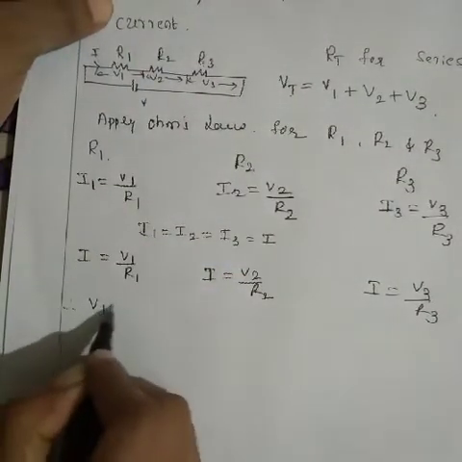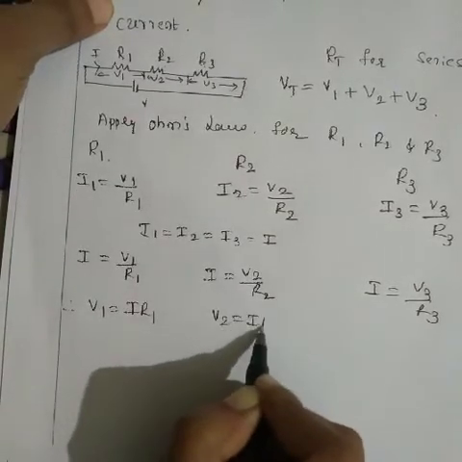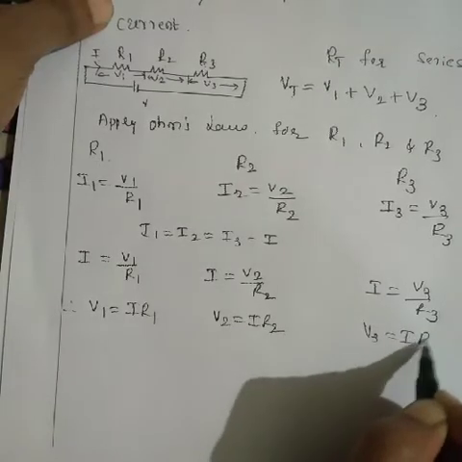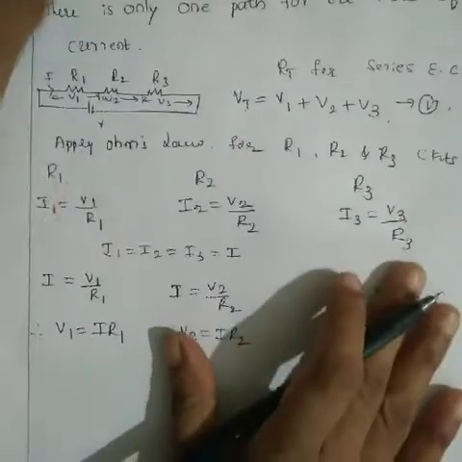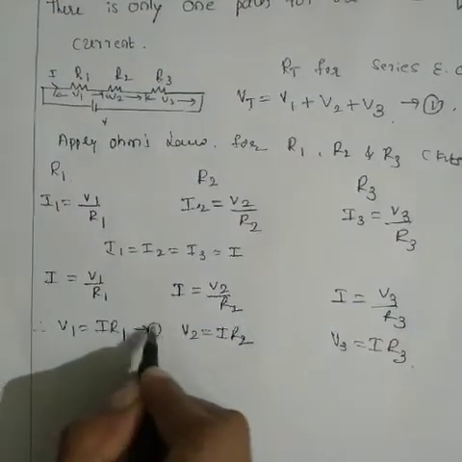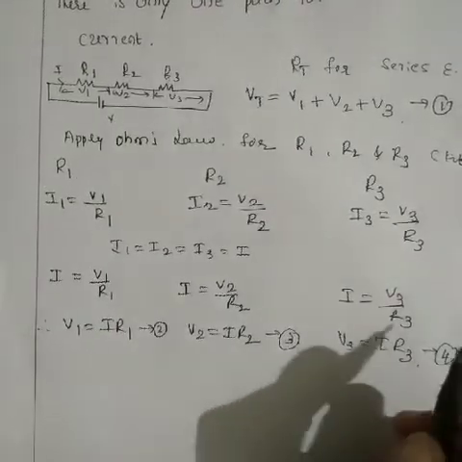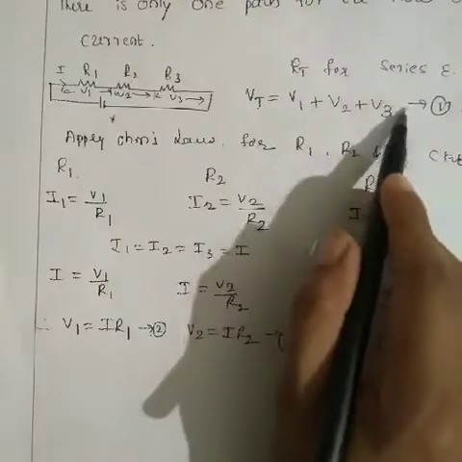Therefore, V1 is equal to I into R1, V2 is equal to I into R2, V3 is equal to I into R3. Call these equation numbers 1, 2, 3 and 4. Put equations 2, 3, 4 in the first equation.